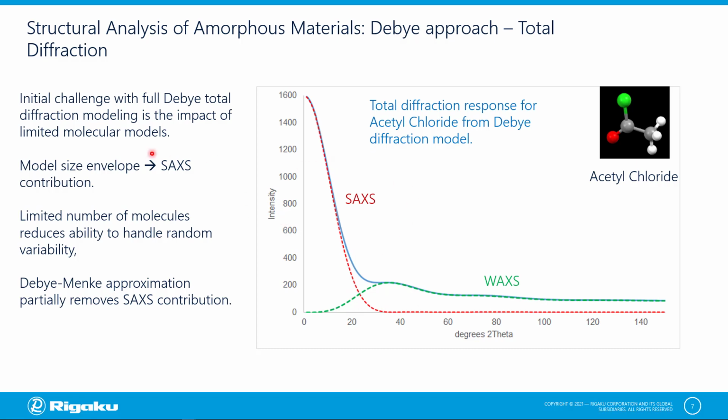So, as I said, for total diffraction, features of the molecular model, the atomic level model, give their own fingerprint within the measured data. And one of those challenges is small angle scattering from small molecule sizes. The total diffraction response methodology has some other limitations as well, because it's very difficult to model randomness.